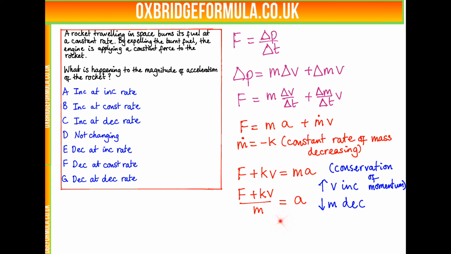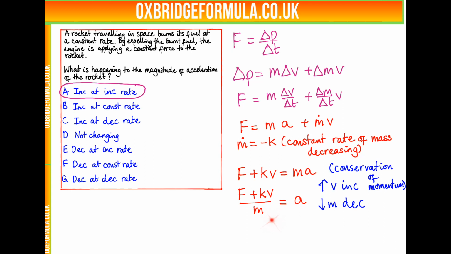So the acceleration is increasing, but at an increasing rate as well. So the answer is A. The more mass you burn, the more you're accelerated, and this will keep accelerating at an increasing rate.